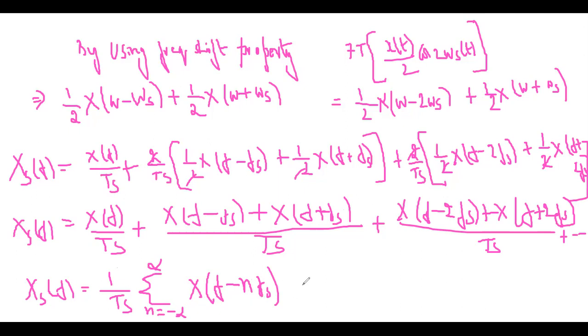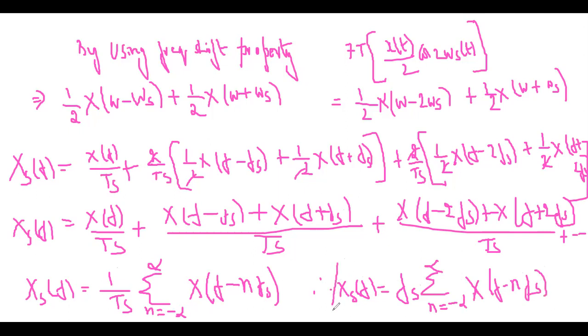So finally, therefore, Xs of f is equal to 1 by ts, that is fs, sum of n equal to minus infinity to infinity x of f minus n into fs. This is the equation we got finally. Got it, my dear students?